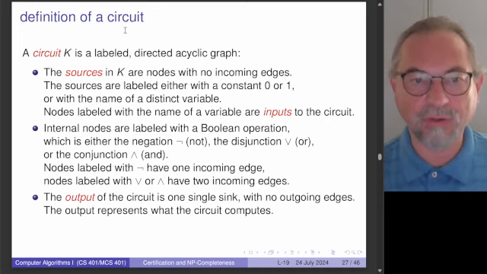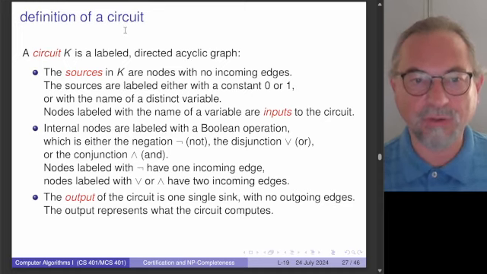We have binary operations, so every OR node has two edges coming in. The negation is unary. So we typically have multiple sources, with multiple inputs, but only one output, in the language of directed acyclic graphs, where we have one sink.